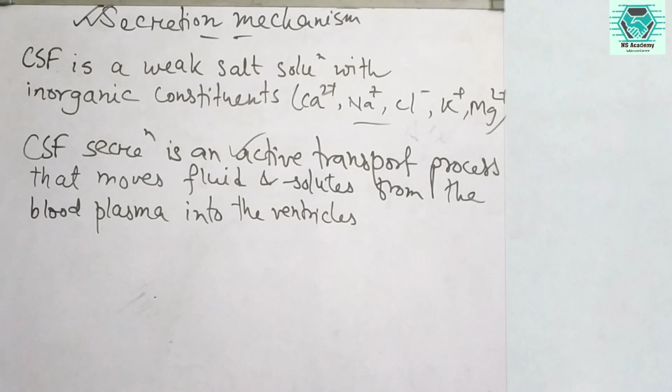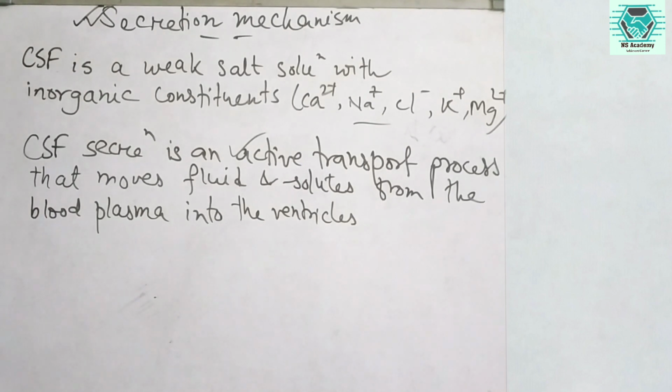These transports are present in the cell membrane and help in many ways, not only in the secretion of CSF but also in the secretion of different molecules and nutrients.